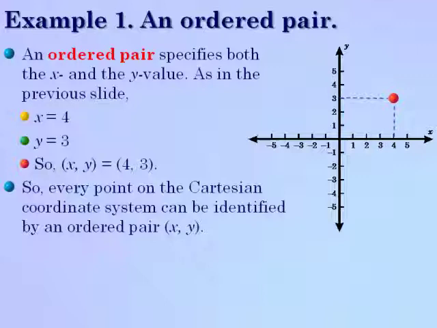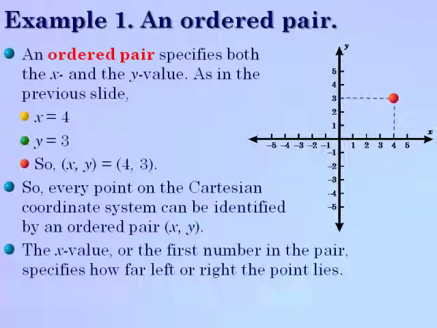So every point on the Cartesian coordinate system can be identified by an ordered pair of x and y values. Everywhere out here, over here, we can plot points. We can plot points over here, or over here. Any place out there can be plotted on the Cartesian coordinate system with an ordered pair.